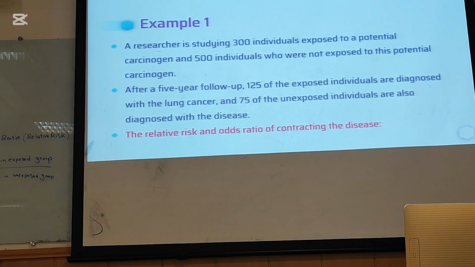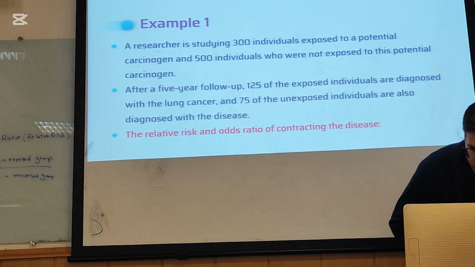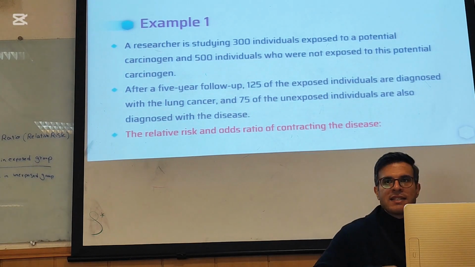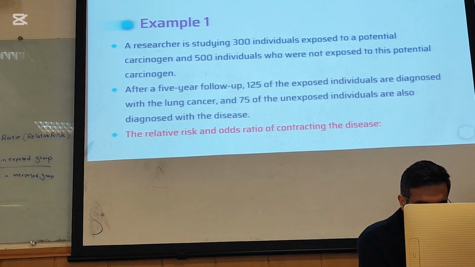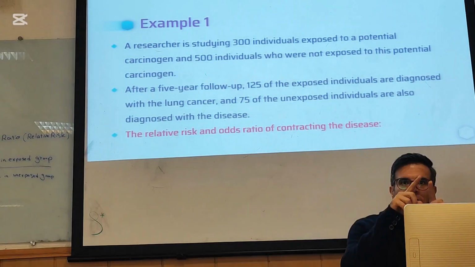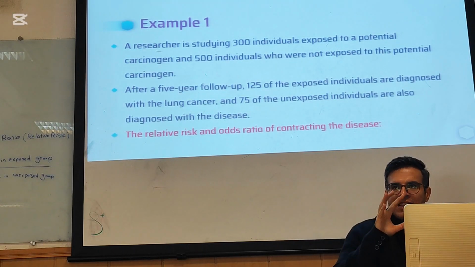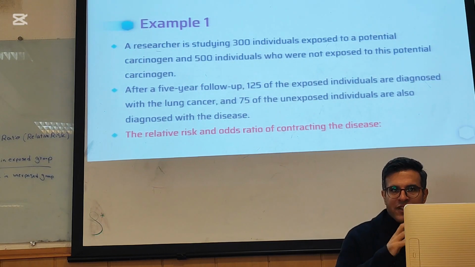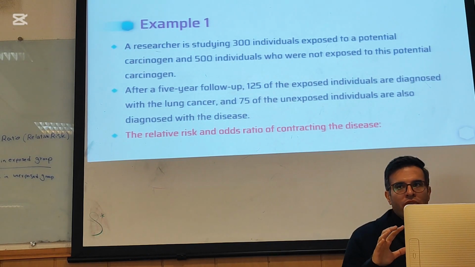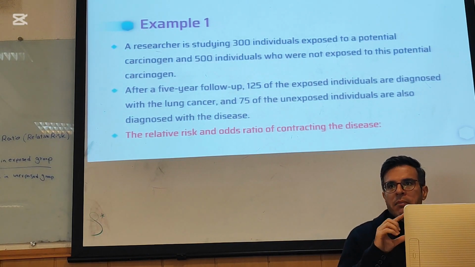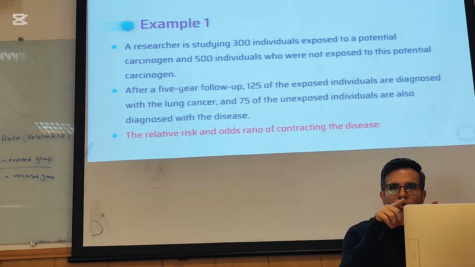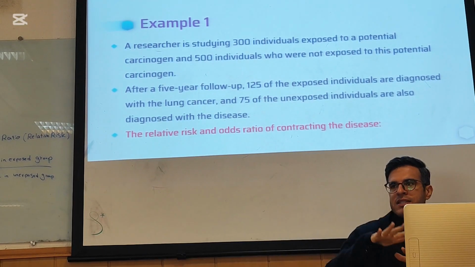Please calculate them, relative risk and odds ratio. Please design or depict a 2x2 table for this question at first, it's so helpful for your learning. Please depict a 2x2 table for this example, please.